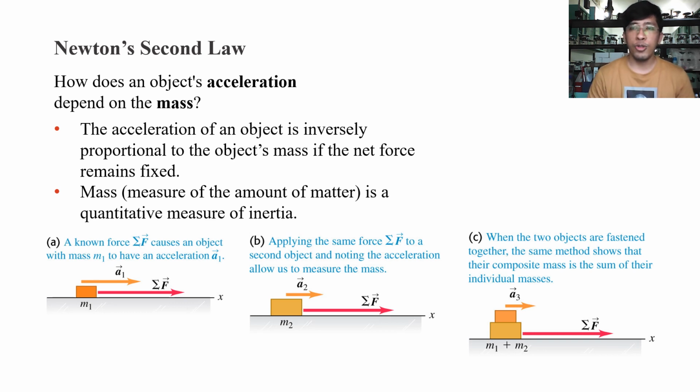Which of the two objects is easier to set in motion if you push the bike and then the truck? Of course, it is easier to push the bicycle than the truck, because the bicycle has less inertia compared to the truck. So here, the acceleration is inversely proportional to the object's mass. Okay?